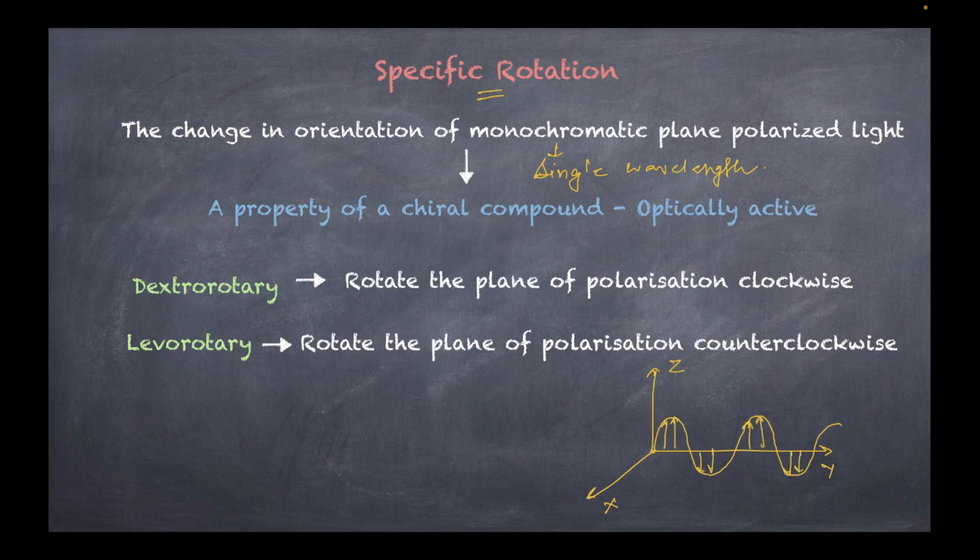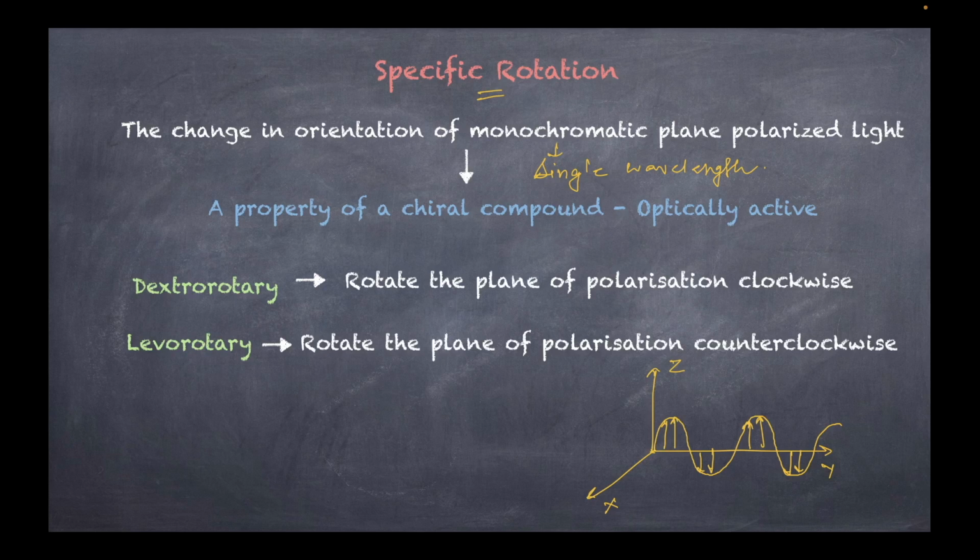Now if we pass the plane polarized light through a given sample, and the sample contains a chiral compound, then the sample rotates the plane of polarization, and the degree of rotation is called the specific rotation.